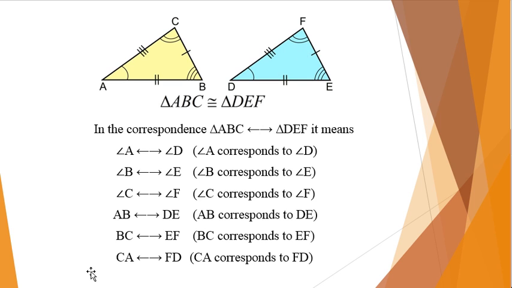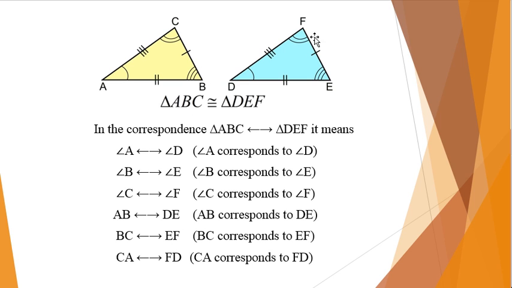Moving to the next, side AB corresponds to DE. So the base of the triangle, AB, corresponds to DE, the base of the other triangle. Then side BC corresponds to EF.